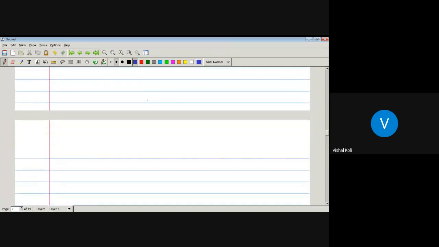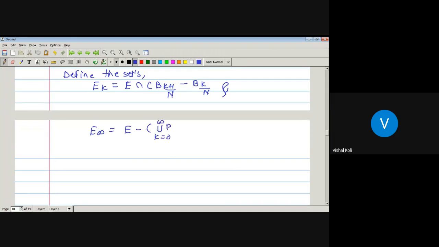Now define the sets. Define the set E_k as E intersection B_{(k+1)/n} minus B_{k/n}, and E infinity equal to E minus the union over k running from 0 to infinity of B_{k/n}.